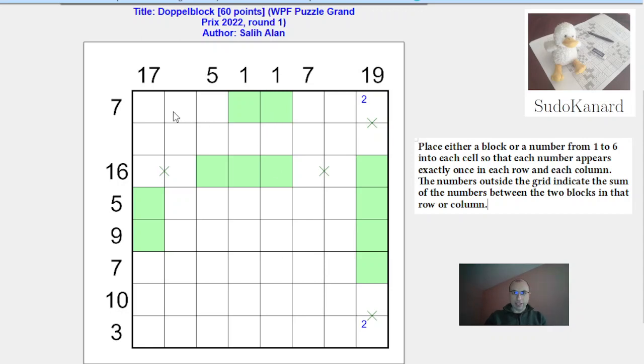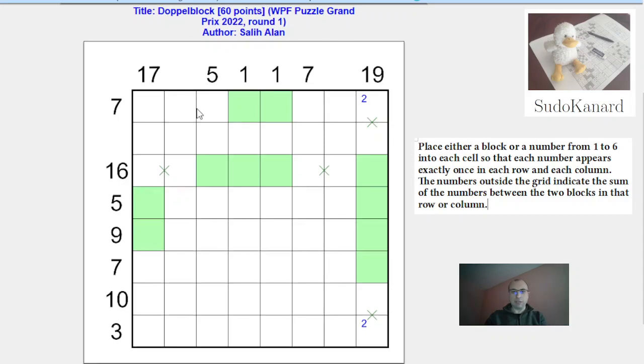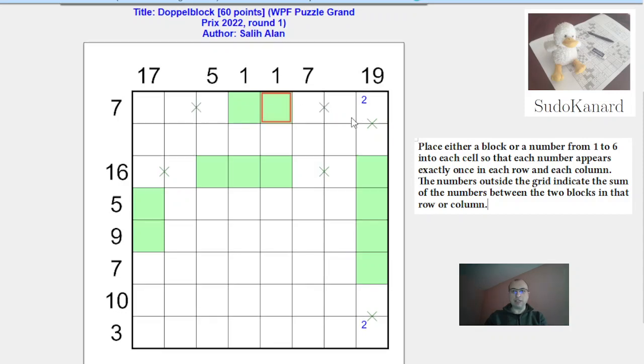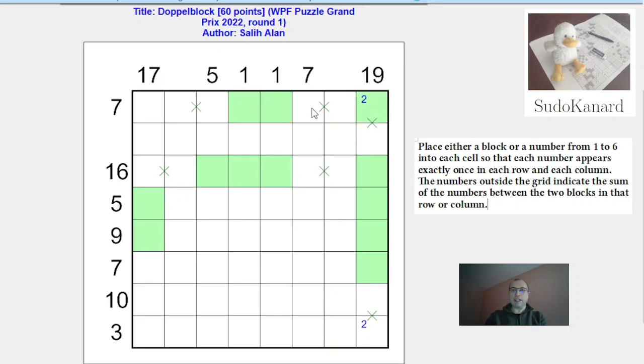And you see that we can't have all of this on just one side of this green river. We must cross the river. So there must be a block somewhere here and somewhere here. And because there's at most 3 digits, one of the blocks must be here and the other one must be here. And we see that those cells are unshaded.